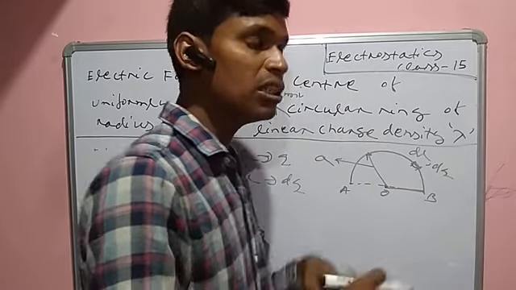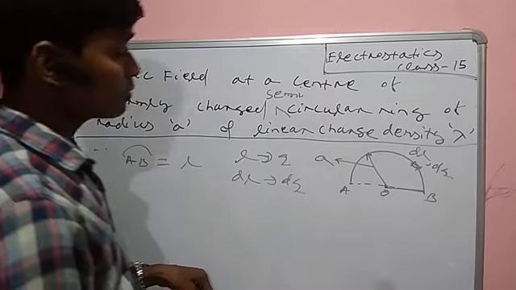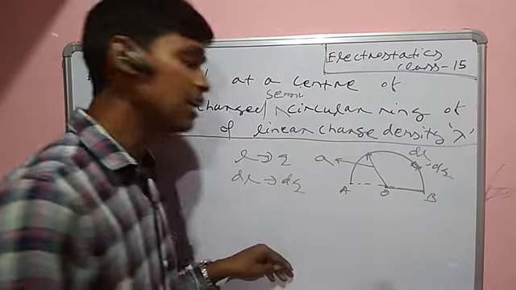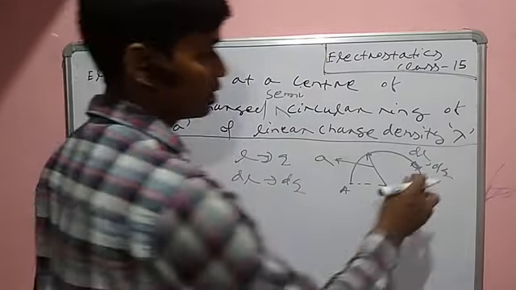So L carries charge Q, and dl carries charge dq. Suppose this dq charge is at an angle theta to the horizontal.